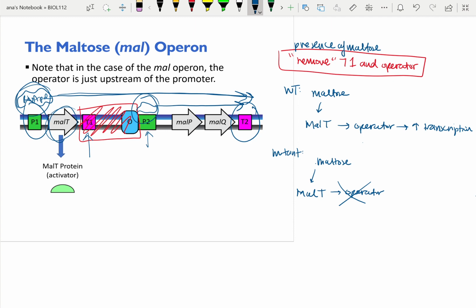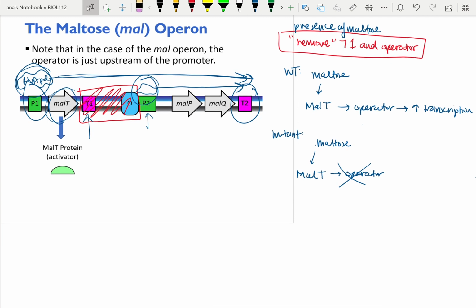So you would actually see an increased level of MALP and MALQ compared to what you would see in the previous mutation where you just have a transcription because RNA polymerase is binding to the weak P2. But in this case, you're actually copying it a second time because now you have P1 to T2 also being transcribed.